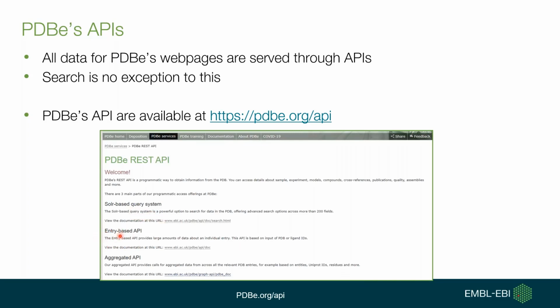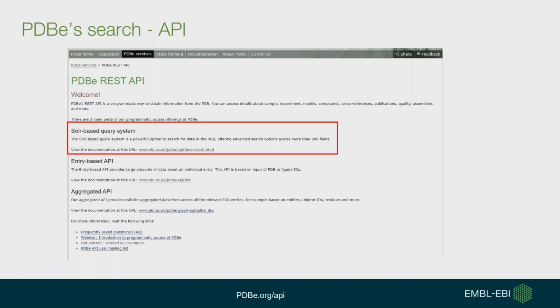Then we also have an entry-based API, which allows you to get information about an entry, that being a PDBe entry or a ligand that we have. And then we have an aggregated API that allows you to get aggregated data from several different entries all in one place. These bottom two will be the subject of later webinars, so we're going to focus on the Solr-based API.